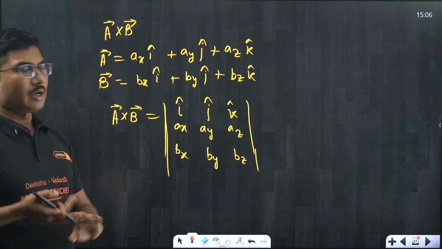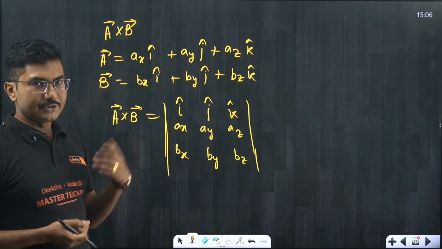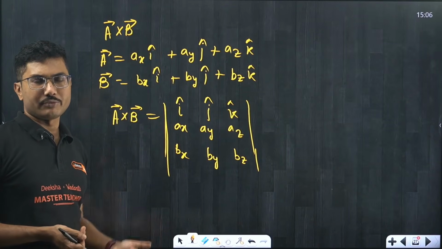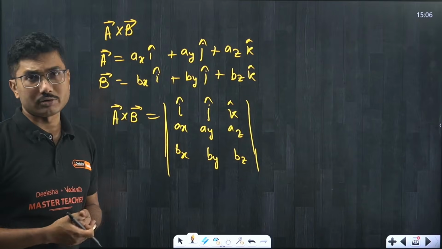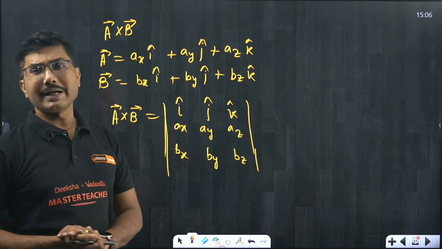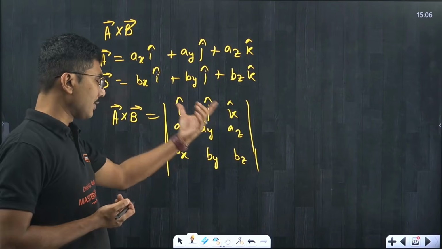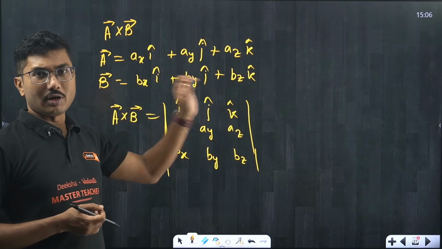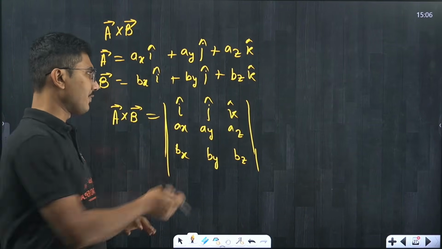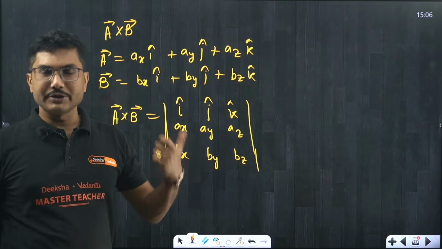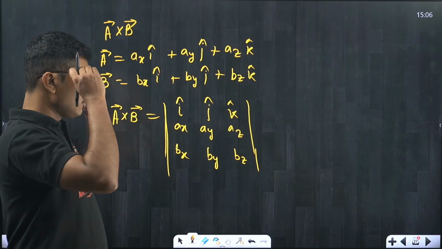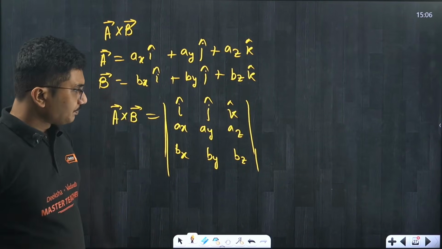Now, if it is a parallel vector, the result will be 0, and individually all the components will be 0. So after calculating, the i cap component will be 0, the j cap component will be 0, the k cap component will be 0. Okay, so remember that, right?